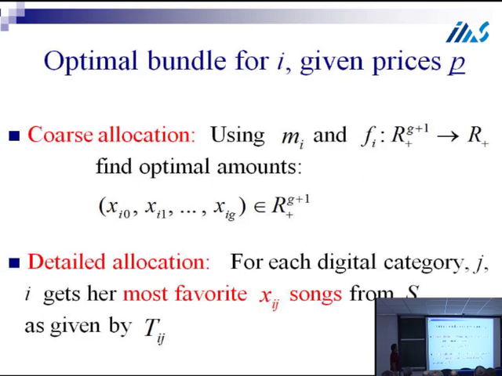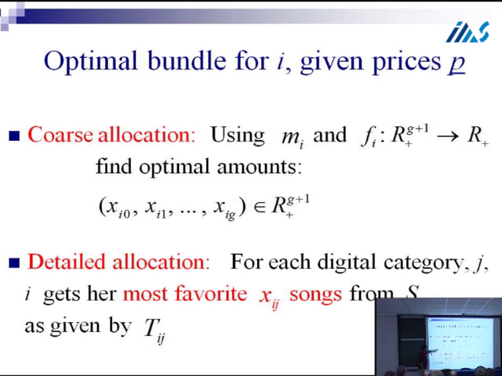Okay? And here's how this person is given an optimal bundle of goods at prices p. So at prices p, you first compute her coarse allocation. Using knowing how much money she has and her utility function and the prices p, you can find the optimal amounts of bread and the number of songs in each category.